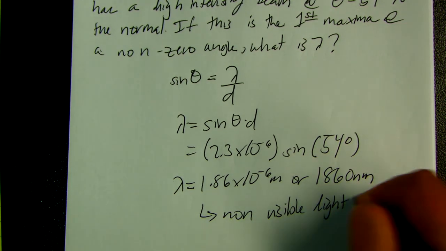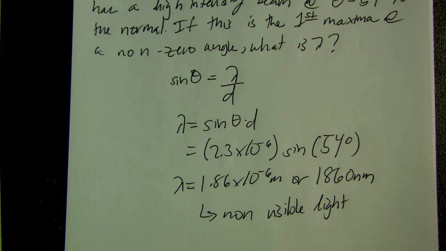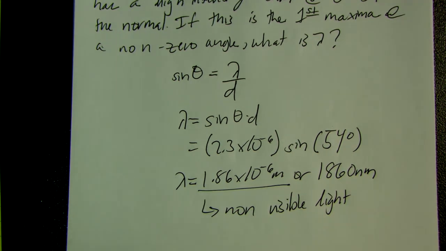So typically when you're doing a problem involving light, it is fine to leave it like this, but you really should also put your answer in nanometers, because that is the convention. But you always want to be careful when you're doing these calculations to specify exactly what you're working in.